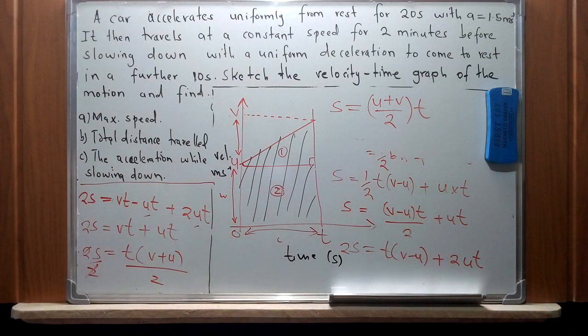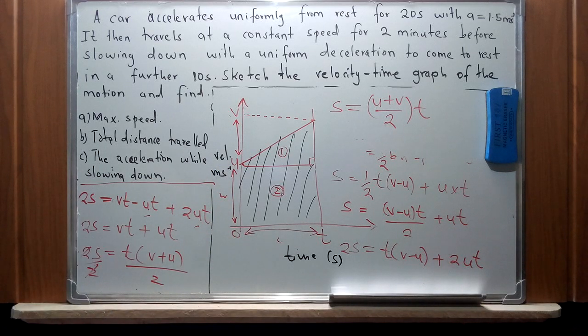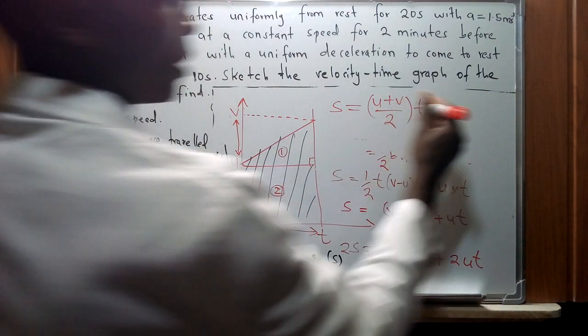So the total displacement for this velocity time graph will be represented as S equals initial plus final velocity over 2, which is average velocity, times time. That will make our first equation of kinematics, or our first equation of motion.